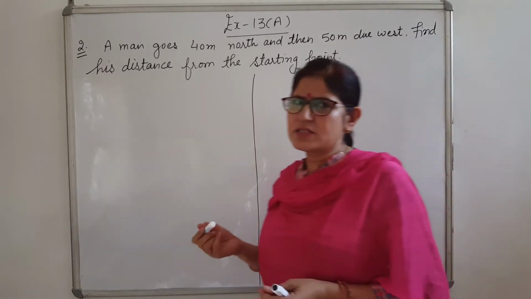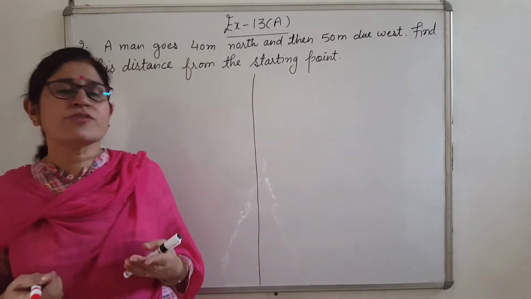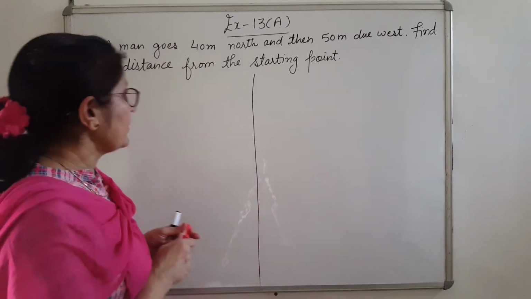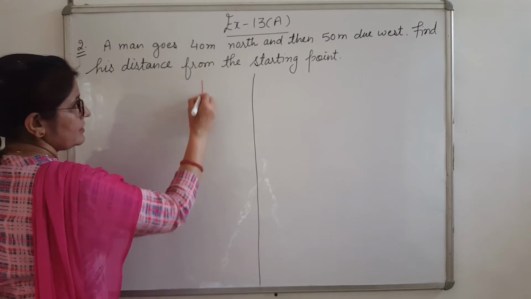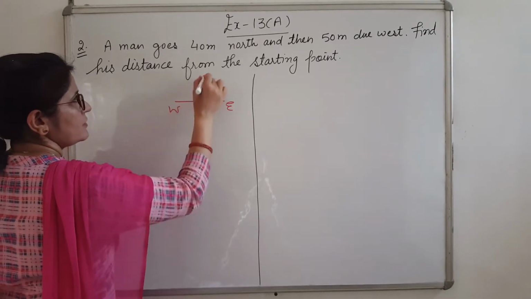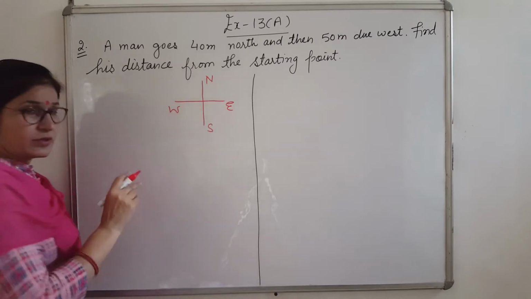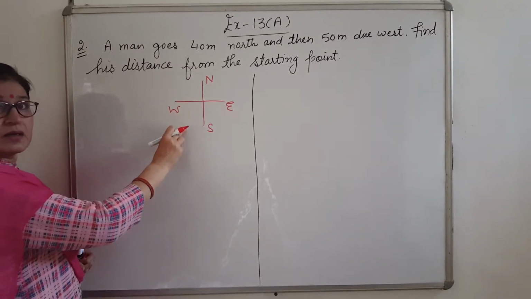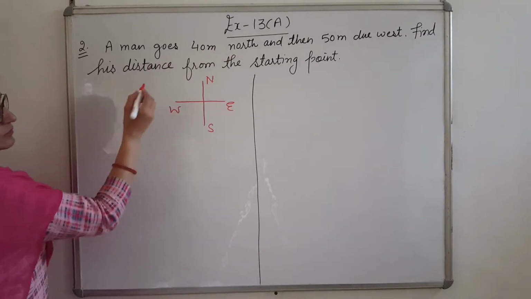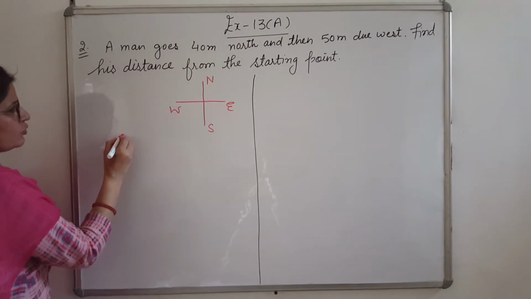Now about directions, you know, in history maps you have done these directions. Like this: east, west, north and south. Following this, we make a triangle. The man is going 40 meter towards the north side.